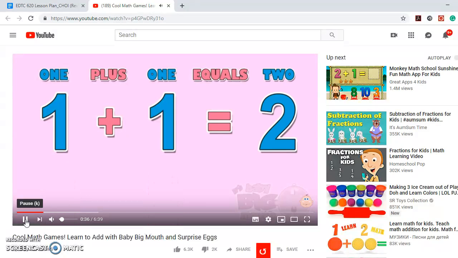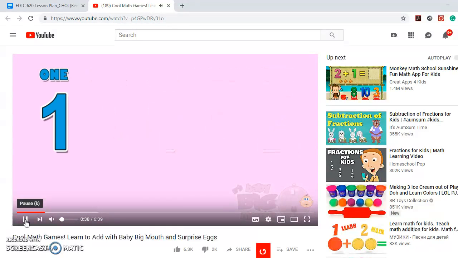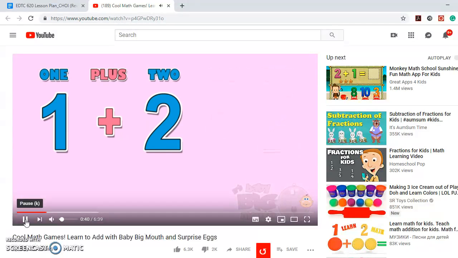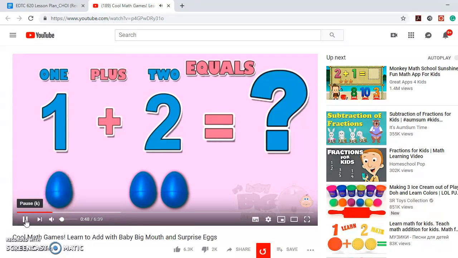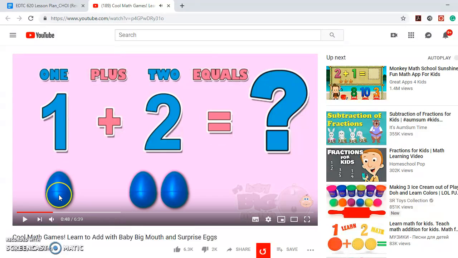Okay, let's try another one. 1 plus 2 equals... 1 plus 2 equals. So right now, assuming you have one egg, and I've given you 2 additional eggs, how many eggs do you get?